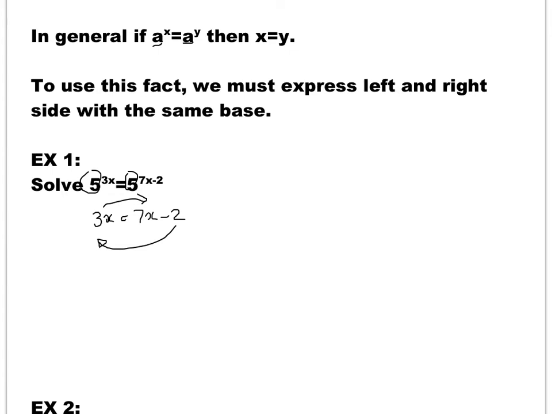We get 7x minus 3x is 4x is equal to 2. From here I get x is 2 over 4, which is 1 over 2, which is 0.5. That's the first type of exponential equations, which is very easy to solve.